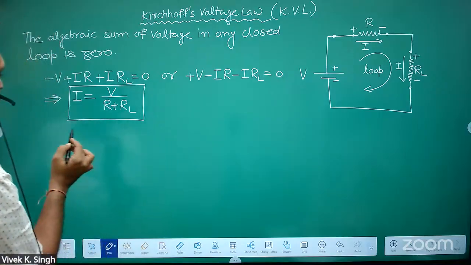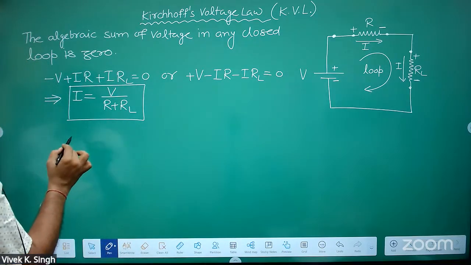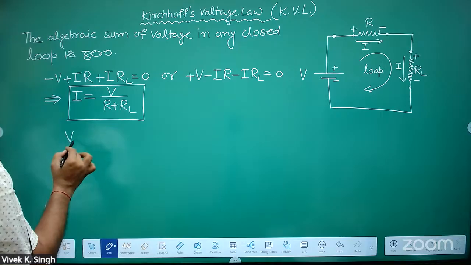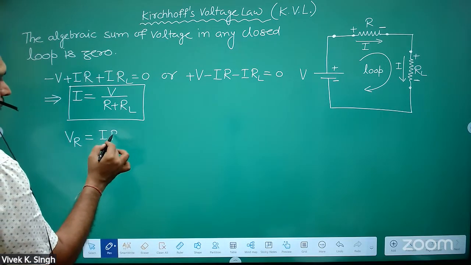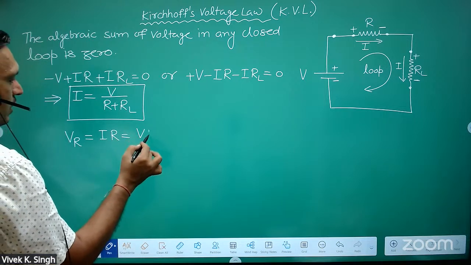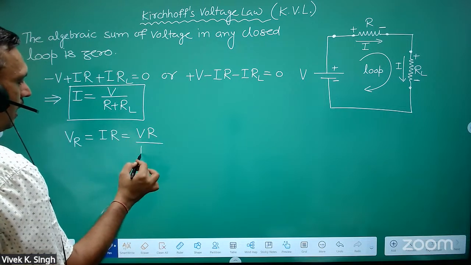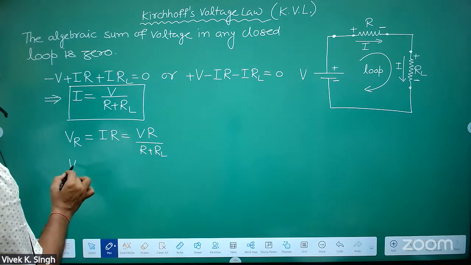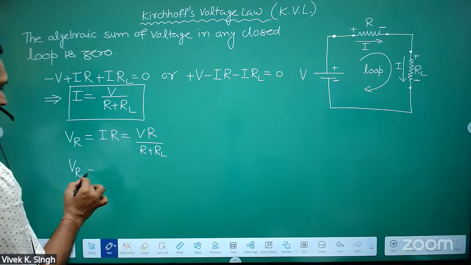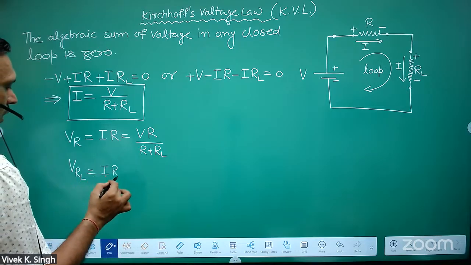And what will be voltage drop across R? This is given as I into R. So this is VR by R plus RL. What is voltage drop across RL? I into RL.